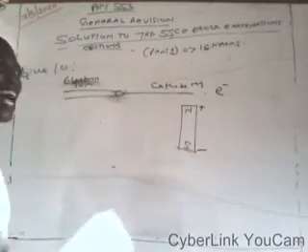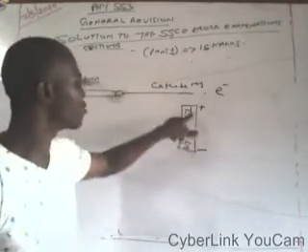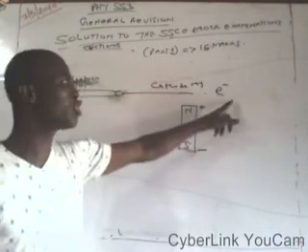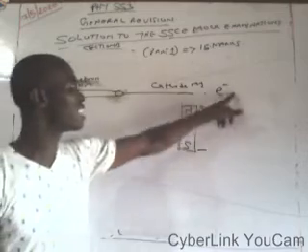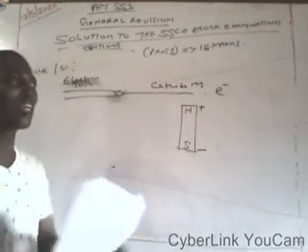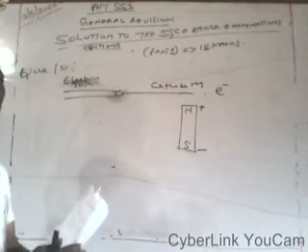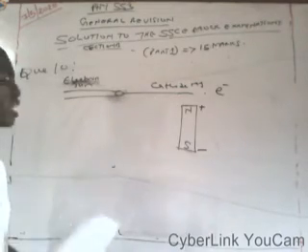Then, from the fundamental law of electricity, what type of reaction is going to take place, repulsive or attractive? It is positive and negative. From that law, we understand that like charges repel each other, while unlike charges attract each other.